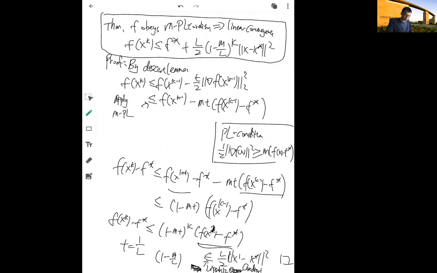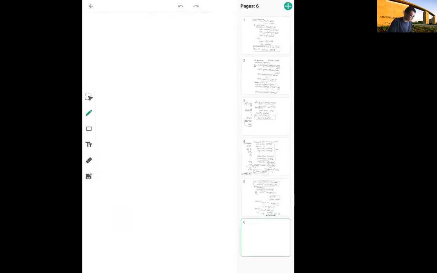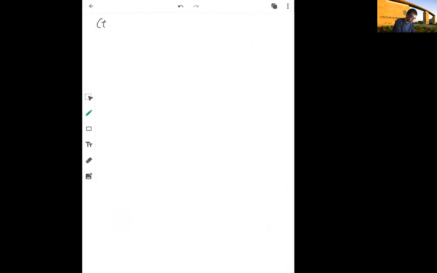Okay, so the last thing that I wanted to do is to connect everything back to strong convexity. So strong convexity implies the PL condition. Okay, so here's how it works.